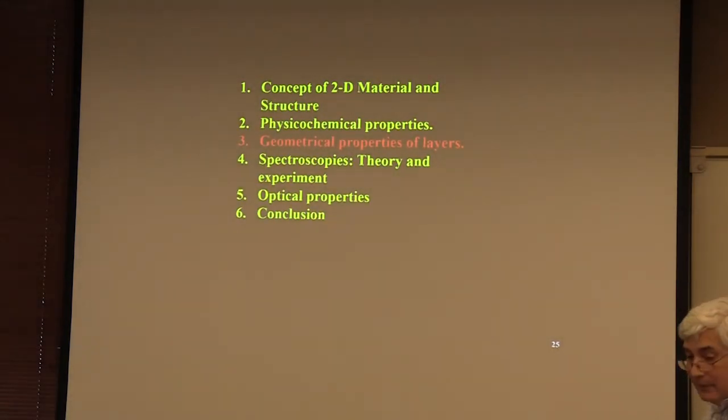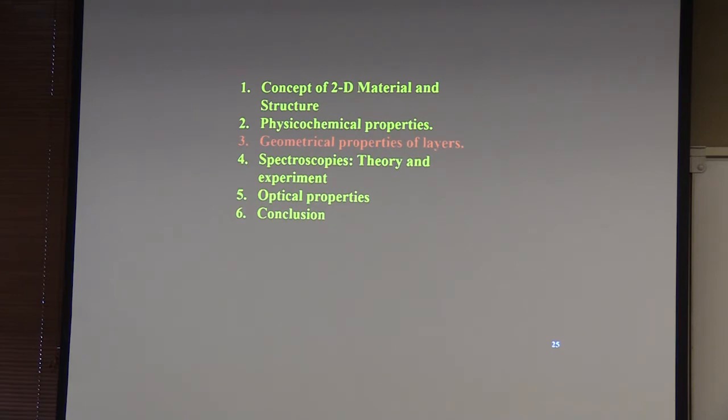Geometrical properties of layers. One thing which is important to think about when we have layers embedded in a three-dimensional space is that these layers can be considered as two-dimensional surfaces embedded in a three-dimensional space. And then we can use differential geometry to generate new structures.